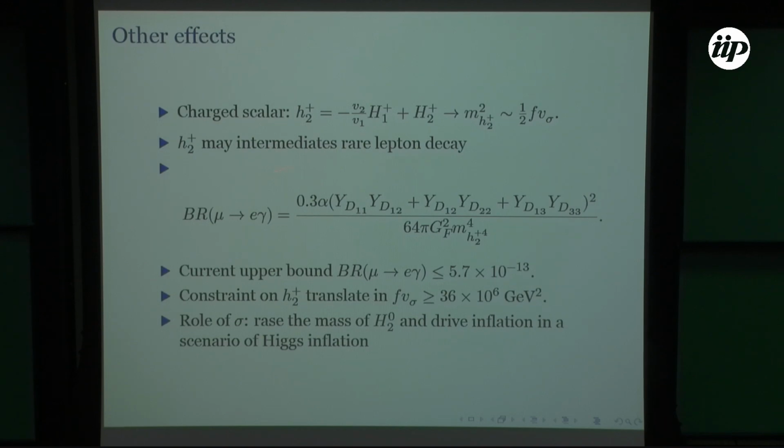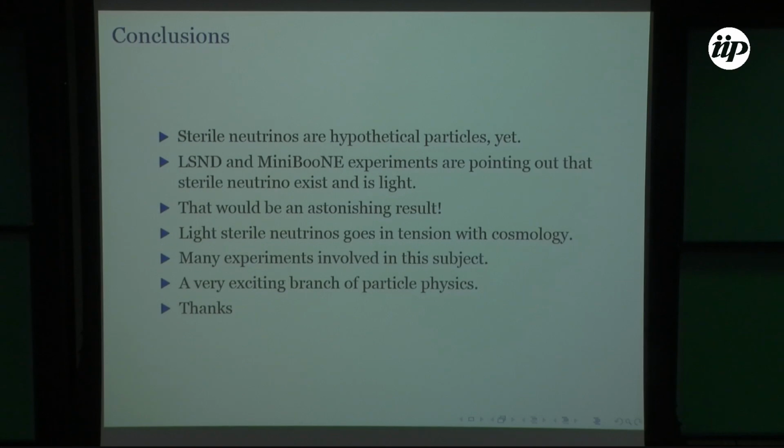You are going to have a singly charged scalar. This scalar may give a contribution to the Higgs lepton decay, and the upper bound on this decay puts a constraint over the parameters of the model.